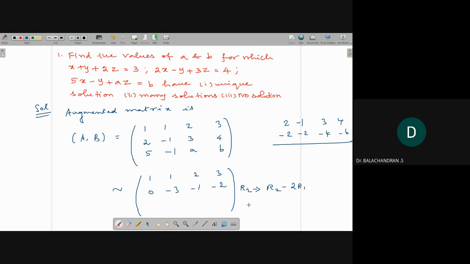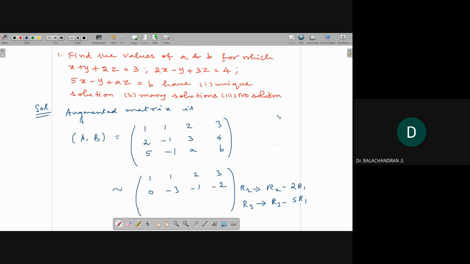So similarly, in place of R3, R3 minus 5R1. What is R3 minus 5R1?